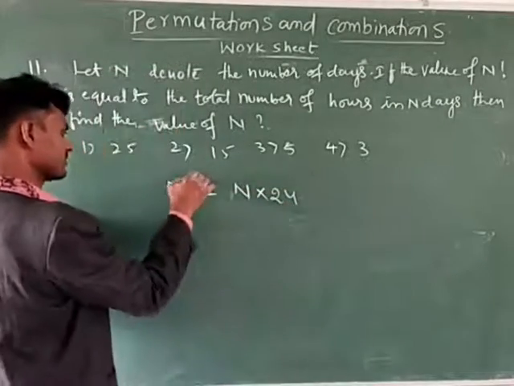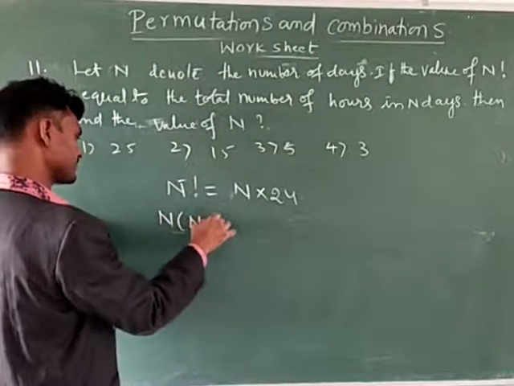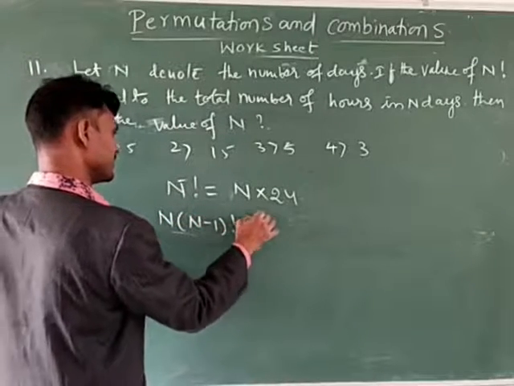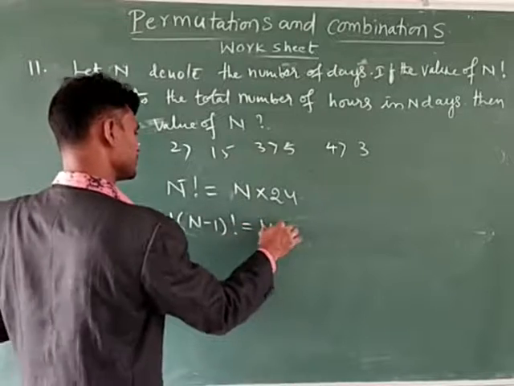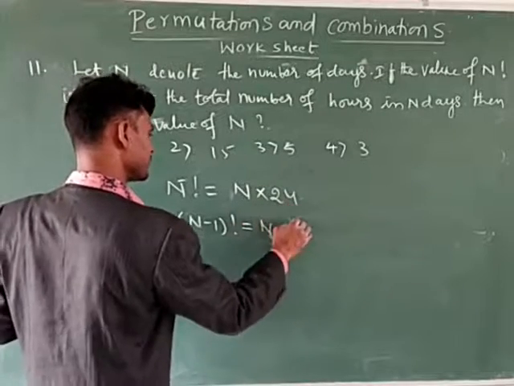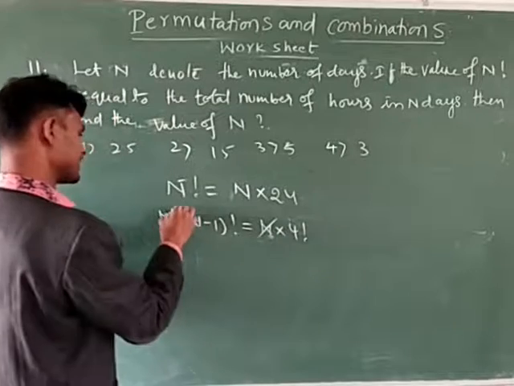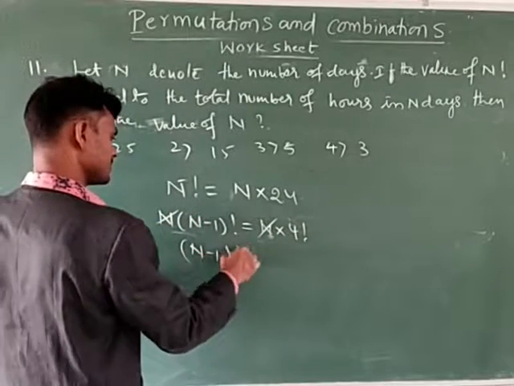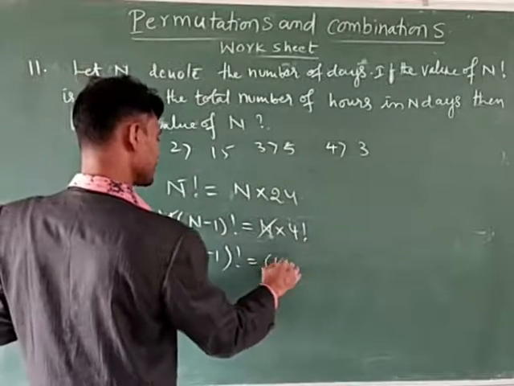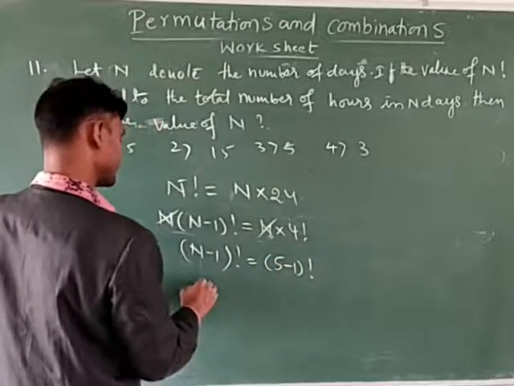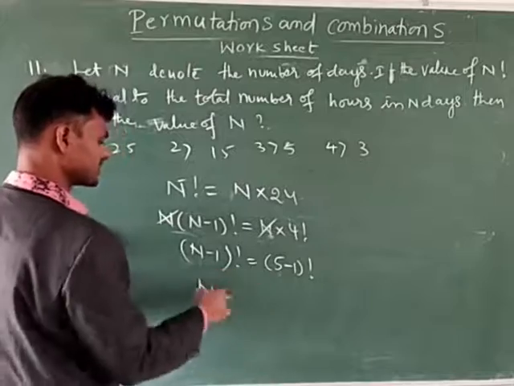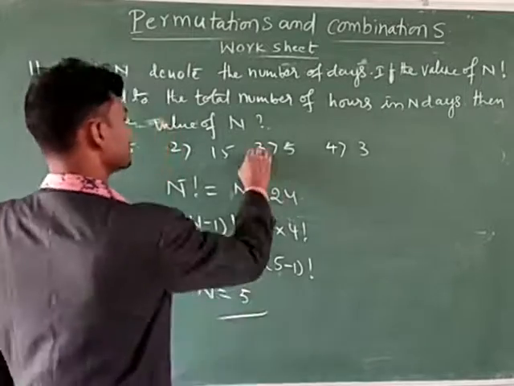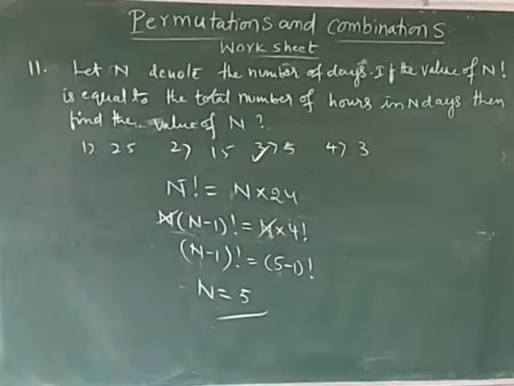Then n factorial is written as n into (n minus 1) factorial. This is n into 24, and 24 is written as 4 factorial. Here n cancels. Here (n minus 1) factorial is equal to this one written as (5 minus 1) factorial. Then by comparison of the terms, n is equal to 5. Put it down.